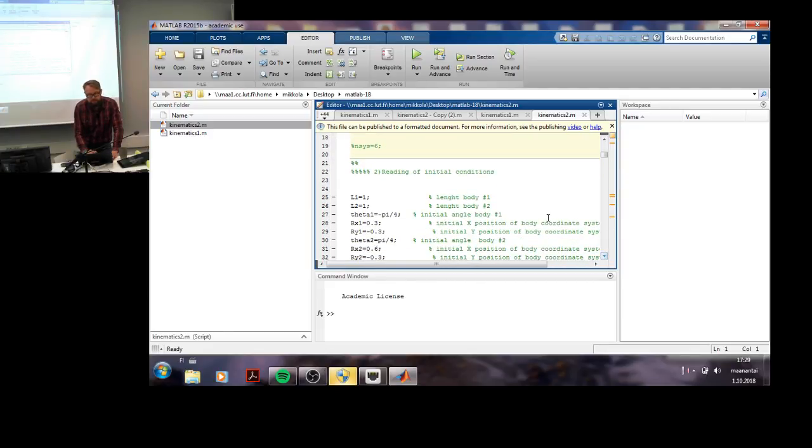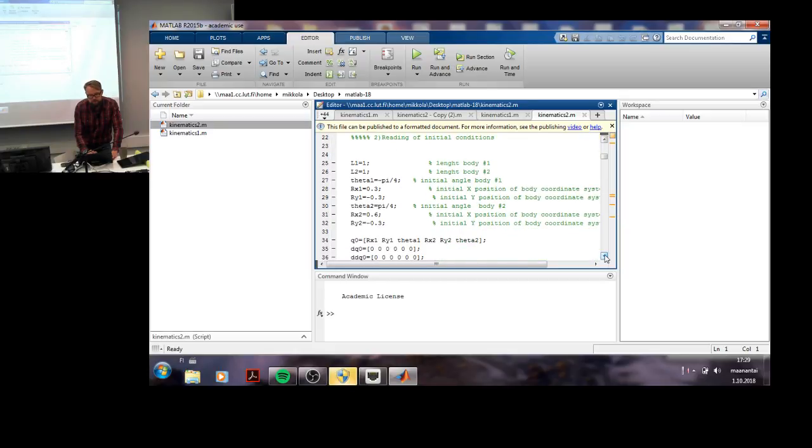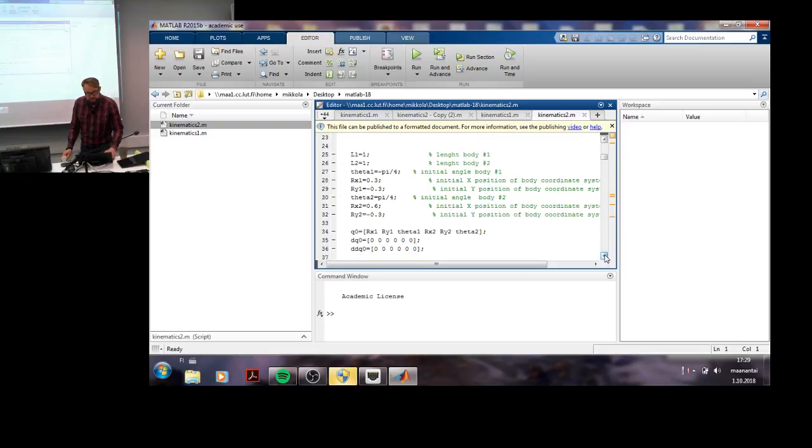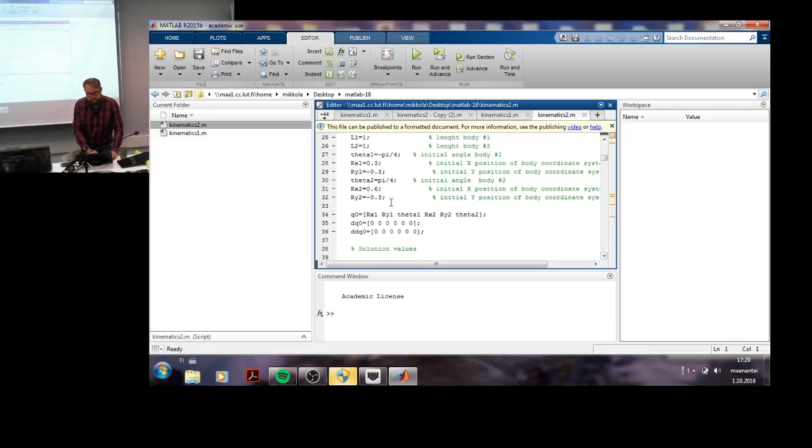And then I have the initial lengths of two bodies, body A and body B, the initial angle, and the initial generalized coordinates: where is the Rx of the first body, Rx of the second body, where they are located, angle theta, and so on. And then these are the vectors where I'm starting to run the system.